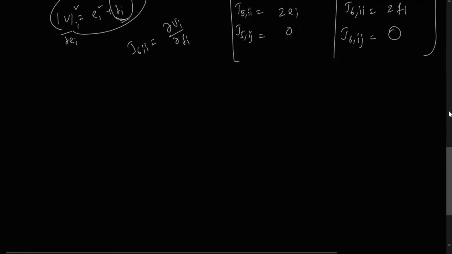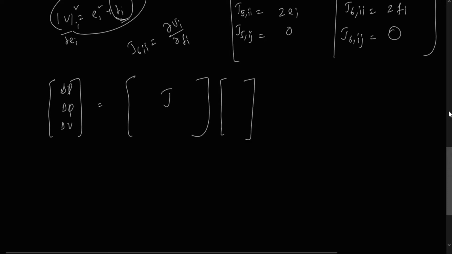Now, once I have calculated the mismatch vector and formed the entire Jacobian matrix, then I will calculate the correction vector.